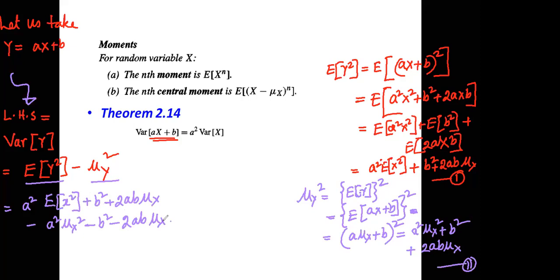So can I cancel this one and this one? Yes, sir. Okay. Then there are two things left. I can take a square common and we can write it as E of x square minus mu x square.